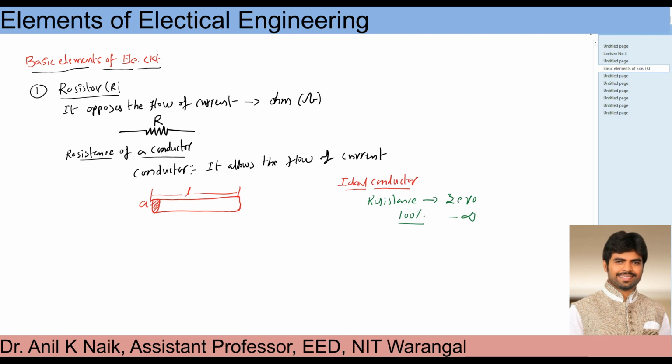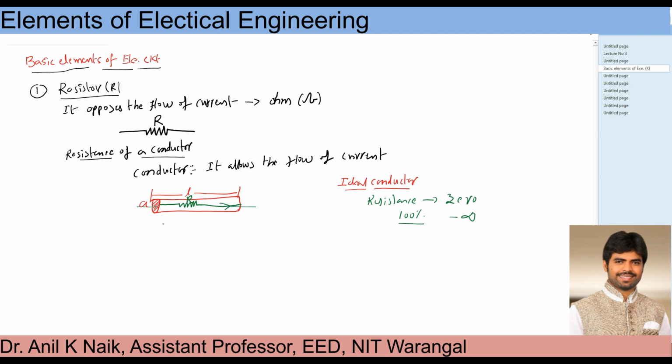But when it comes to practical conductors, the conductor does not have 100% conductivity; it has some internal resistance, a property which tries to oppose the flow of electrons. That is the internal resistance, some value which exists in this particular conductor.